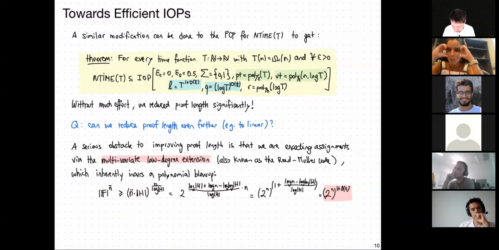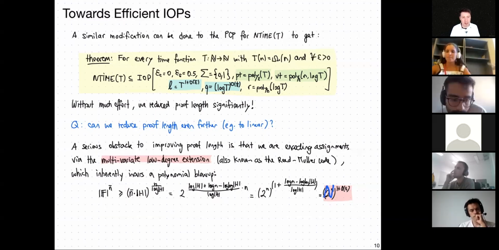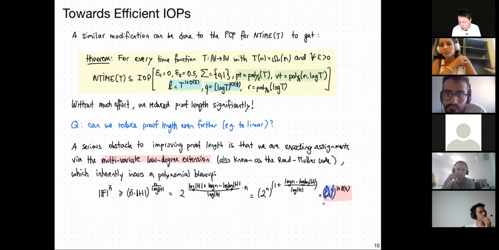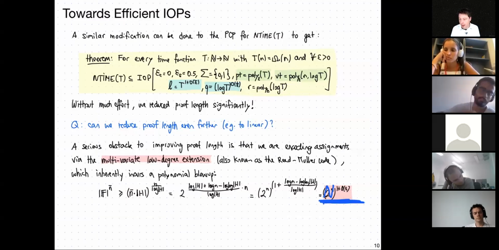I should probably change that. Think about this as capital N, and little n is like log of capital N. So no matter what we do, if we use low-degree extensions, and the only thing we do is write down a low-degree extension over some large enough field to support sum check, we'll always be stuck with this 1 plus epsilon overhead. So we have to move to some other different encoding.